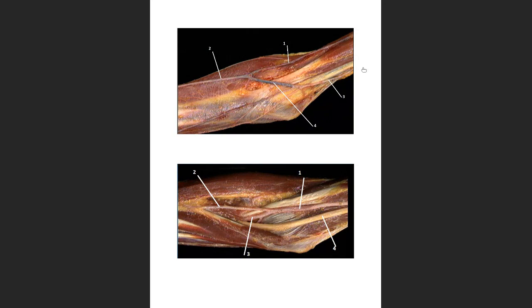So these are your 2 veins right here. This is the medial epicondyle. Keep on going all the way upwards, that would reach your axillary area. So this right here is the basilic vein. 1 and 2 are both actually the cephalic vein. And then there's the vein that connects them together, that was the median cubital vein.